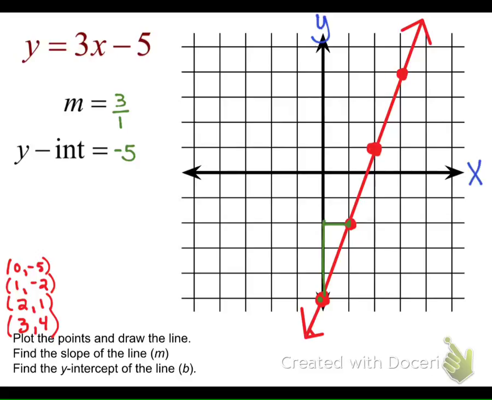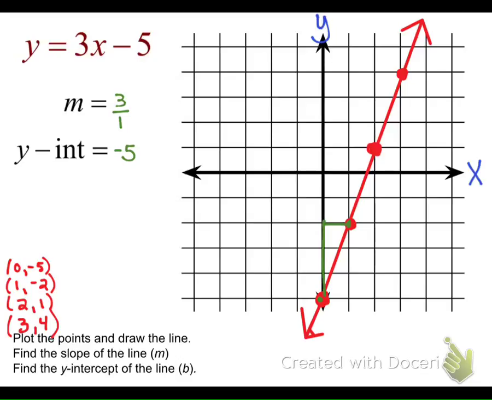Now, what I want you to do, though, is look at what you just graphed. And in the function table, the equation that we used for the function table is right up here. It's up here on my opener, but it's not opening. On your opener, you have y equals 3x minus 5. What do you see that's similar between the slope that we found and the y-intercept that we found?